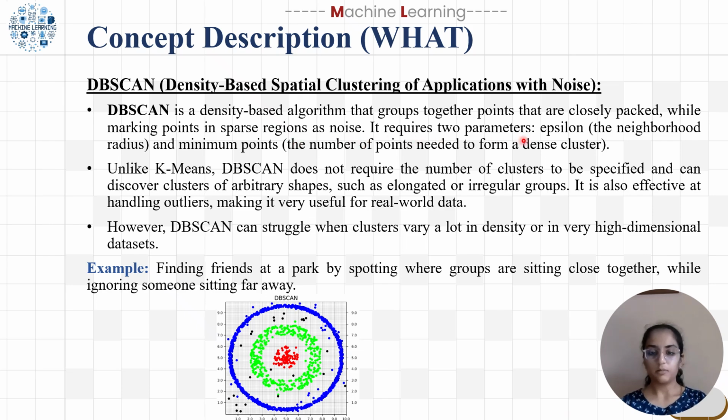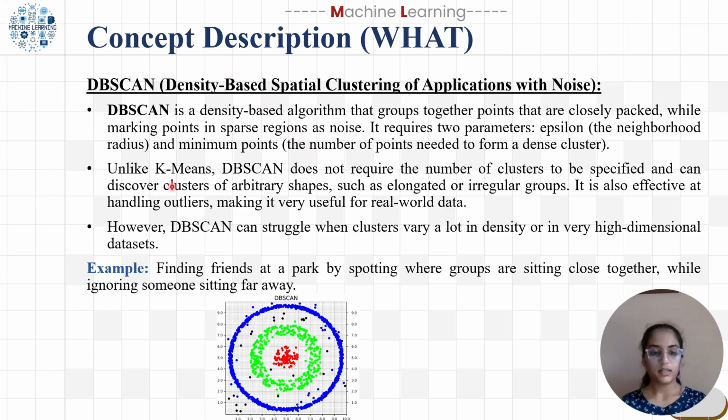It requires two parameters: epsilon, that is the neighborhood radius, and minimum points, that is the number of points needed to form a dense cluster. The points far apart we call noise.